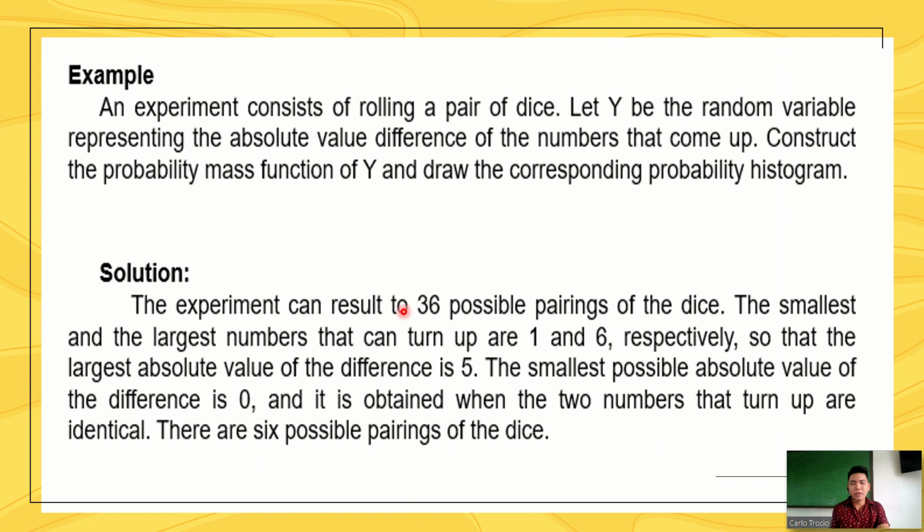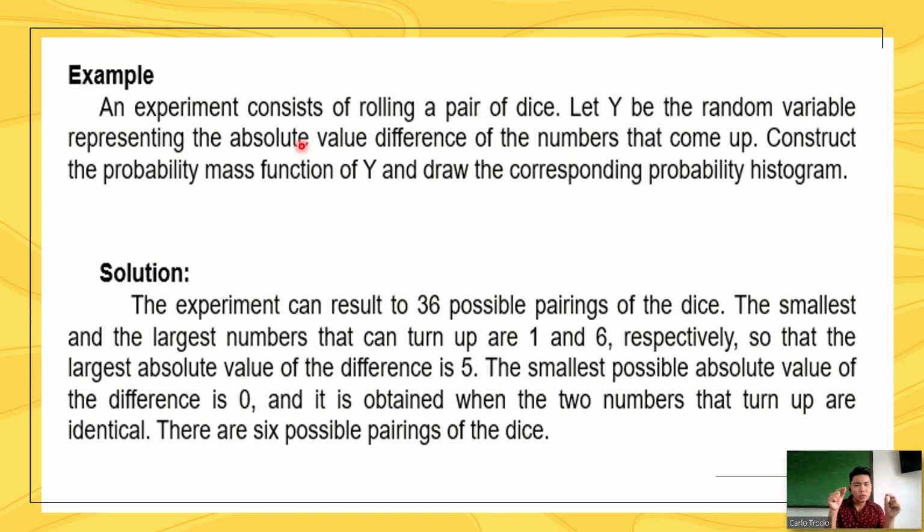Let us have another example so that you will really understand this concept more deeply. An experiment consists of rolling a pair of dice. So there are 2 dice. Let y be the random variable representing the absolute value difference of the numbers that come up. Absolute value is always positive, and the difference is between the die here and the other die here.